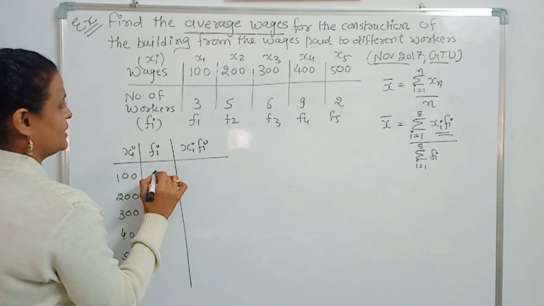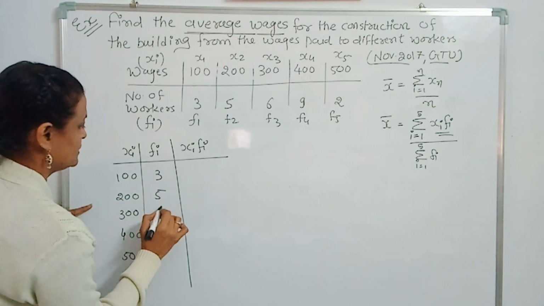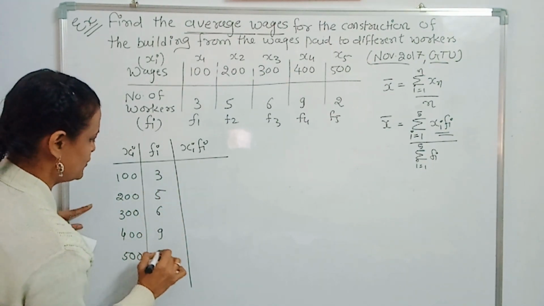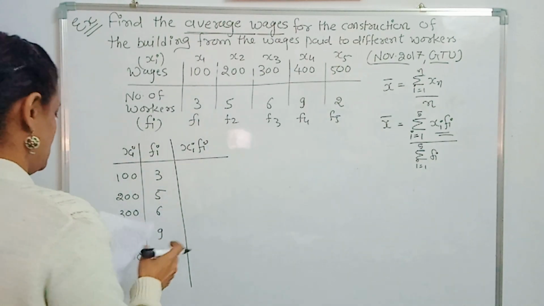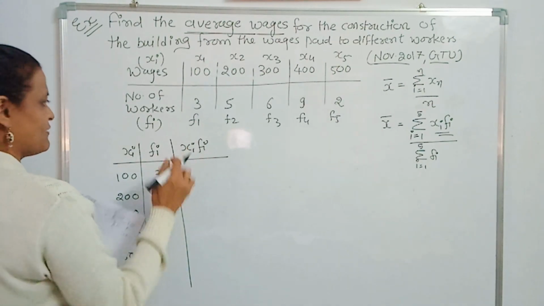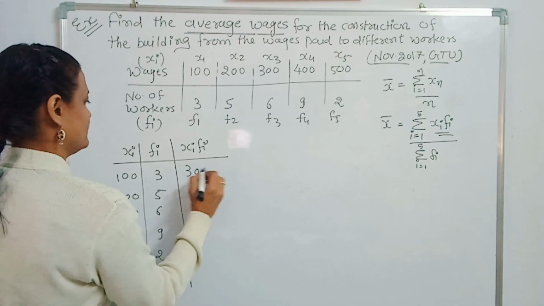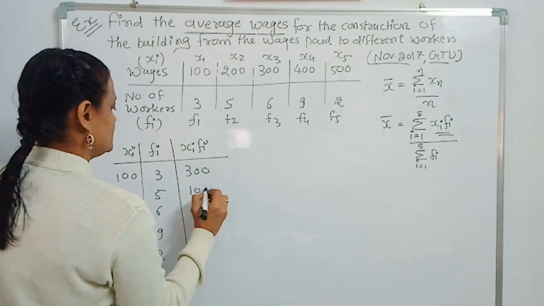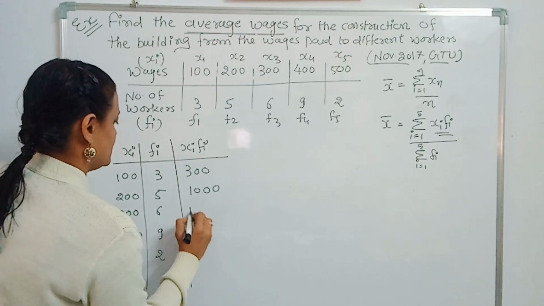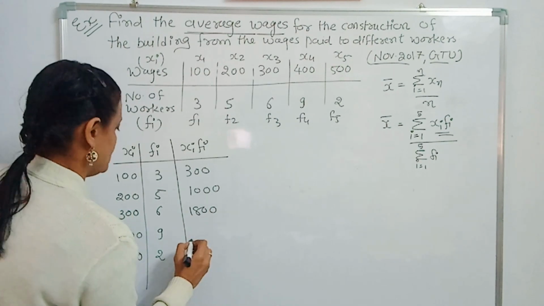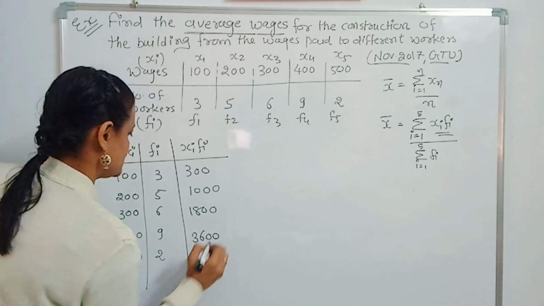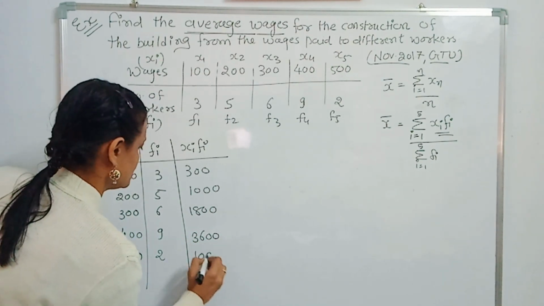Fi are 3, 5, 6, 9 and 2. So let me write the third column xi fi as 300, 1000, 1800, 3600 and 1000.